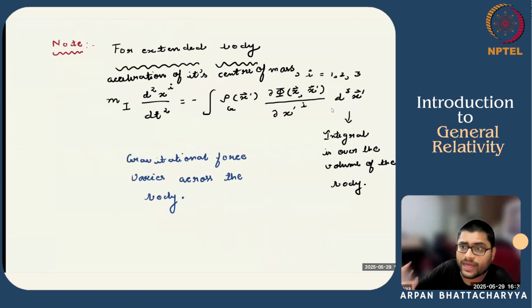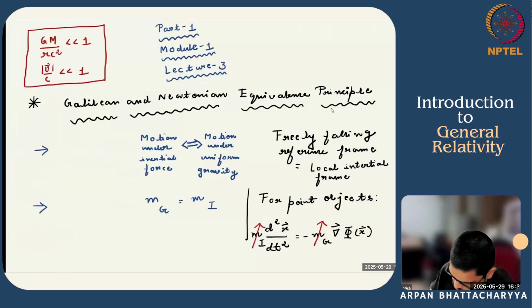Or you can make an approximation such that the gravitational field remains approximately constant over the entire volume of the body. Then you can take this out of the integration, and the integral over rho_g gives the total gravitational mass m_g. And if we invoke the condition that m_g is equal to m_i, then on both sides there will be cancellation and we get back this equation.